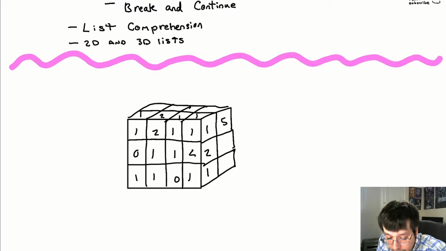This would be a 5, 4, 3, 2, 1, 1, 0. Oh, actually, that one's not a 0. That would be a 5, because this is the same one as that one, just like this is all the same. I hope you're getting what I'm getting to here with these cubes. They're little cubes of data. In this case, it's just numbers, but they could be objects that contain anything.